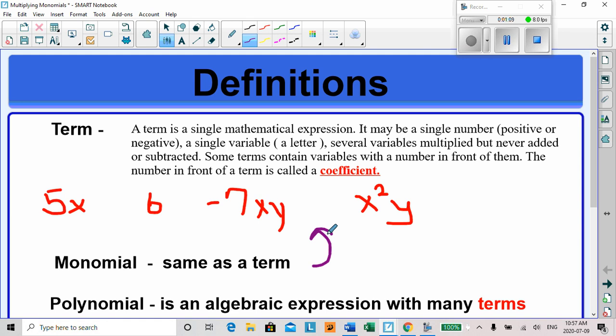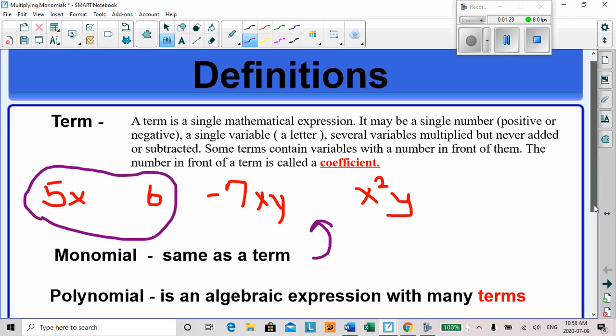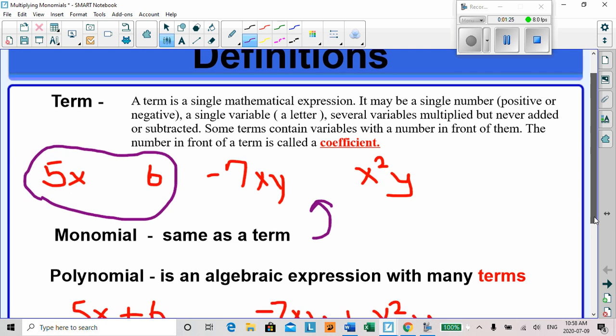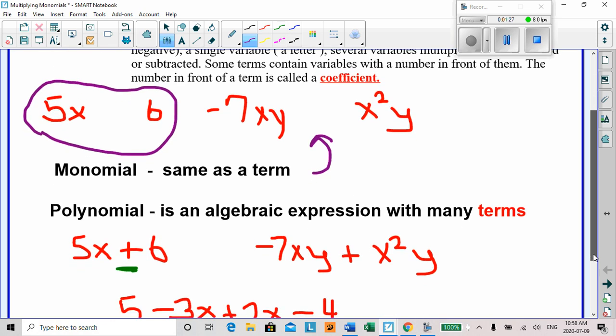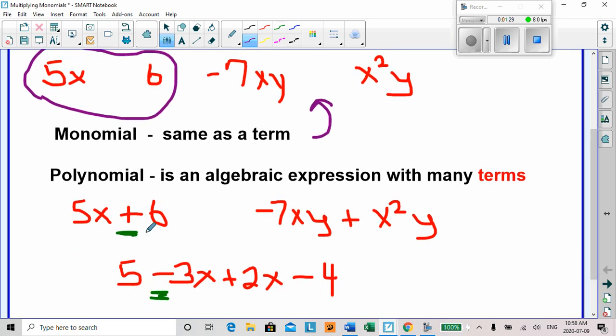If I take 5x and 6 and I add them or I subtract them, I make what's called a polynomial. So a polynomial has many terms. And here are some examples. What I've done is I've put 5x and 6 together, making a polynomial.